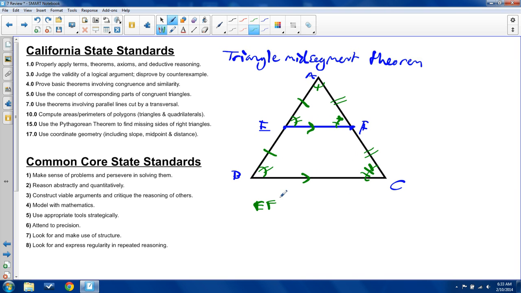I actually skipped a statement I was making earlier, and I'll go right back to it. So EF is parallel to BC, and you remember that these were all 1 to 2 side ratios, AE to AB, AF to AC. Because these triangles are similar, each side related to the other one in the other triangle has the same side ratio. If it's 1 to 2, then EF to BC is also 1 to 2. So if I take EF and multiply it by 2, I get the length of BC.